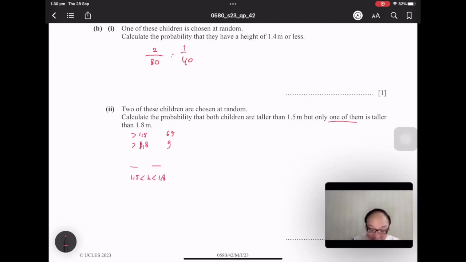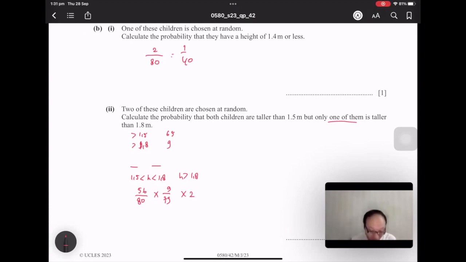The second one should be greater than 1.8. So for the first one, we only have 56 over 80 times 9 over 79. And then we can flip the position, so we multiply by 2.